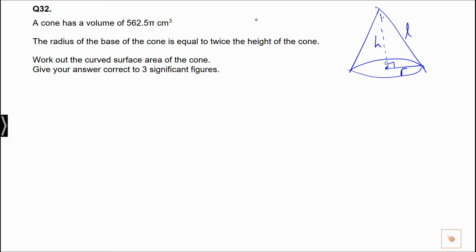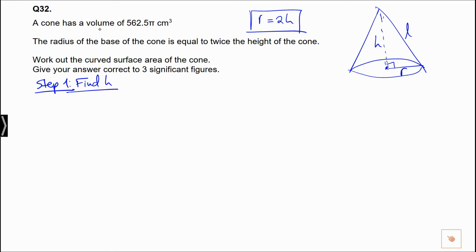So r is equal to 2h. We need to work out the surface area of the cone. So step one, I think we can start by finding the height.